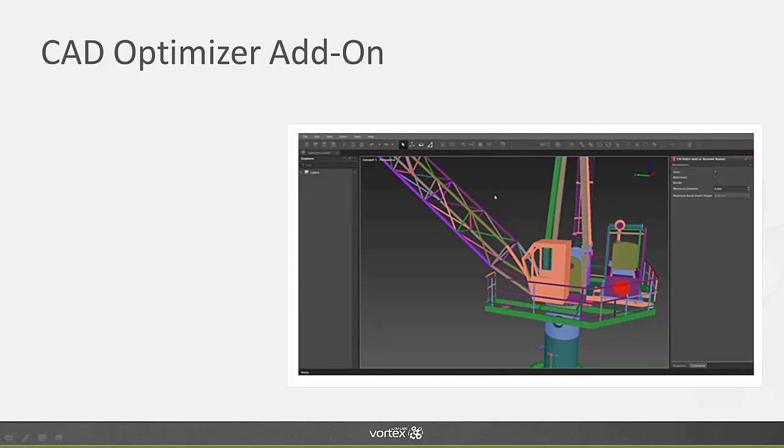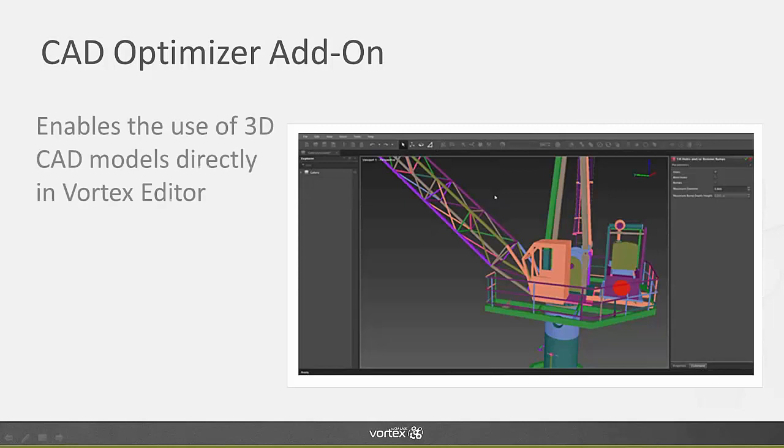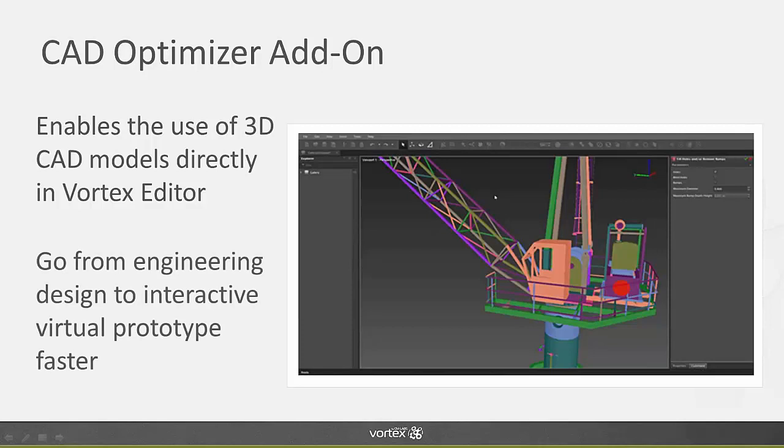And the CAD Optimizer Add-on aims at improving the pipeline for those of you who use CAD to create 3D models. So the CAD Optimizer enables the use of 3D CAD models directly in the Vortex Editor. So it includes import functions, but also optimization functions. It's really aimed at the engineering space, and the goal is to go from the design to the interactive virtual prototype phase faster.